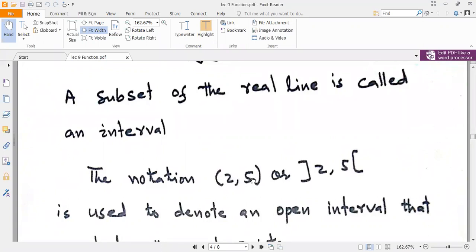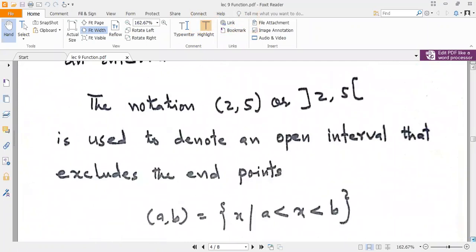The ending points are not included in an open interval. All numbers between 2 and 5, not necessarily integers, all real numbers, maybe 2.001, 2.5, 2.8, 2.9, 3, 3.5, 3.8, 4, 4.9, 4.99. This is an open interval.